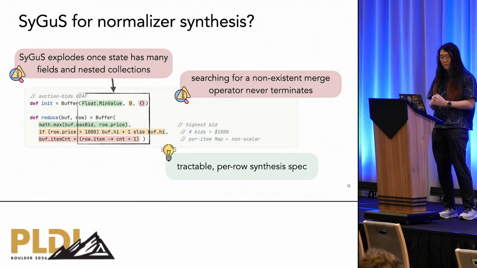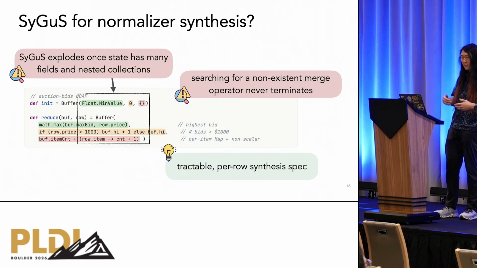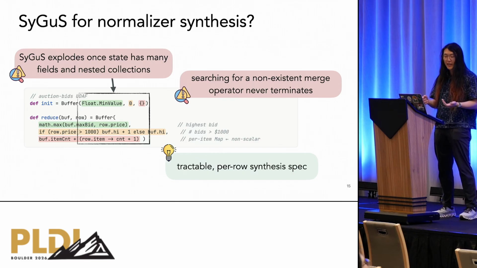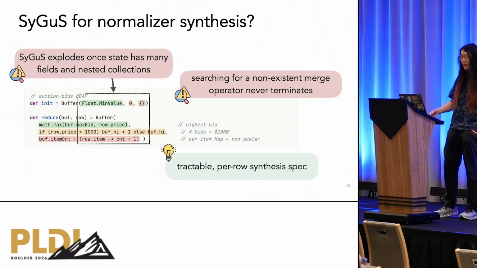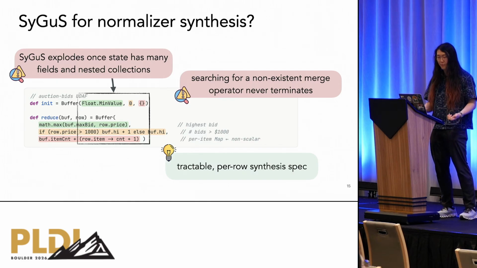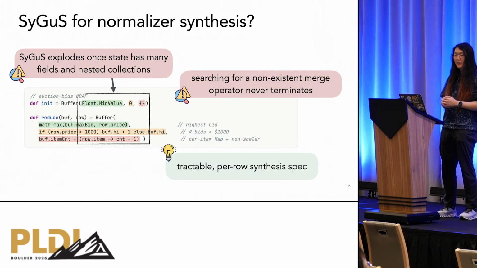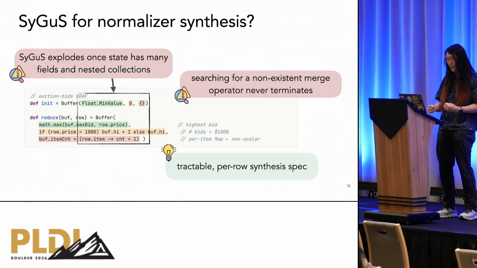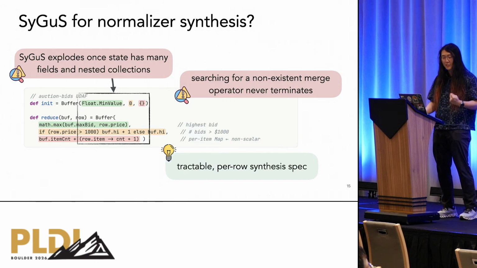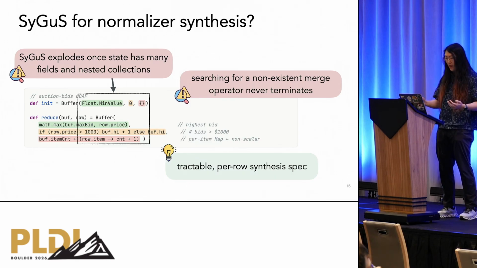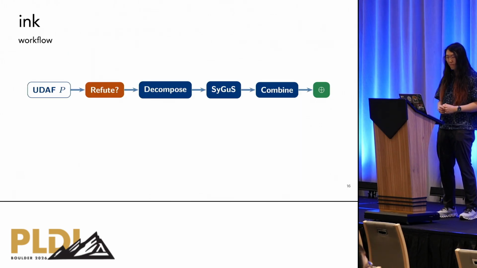But we have two problems here. First, the search space for SyGuS could explode when the state has many fields and nested collections, as in this example. And secondly, searching for a non-existent merge operator never terminates. So we may waste a lot of time and not get the result of warning the developer that this UDF isn't a homomorphism.